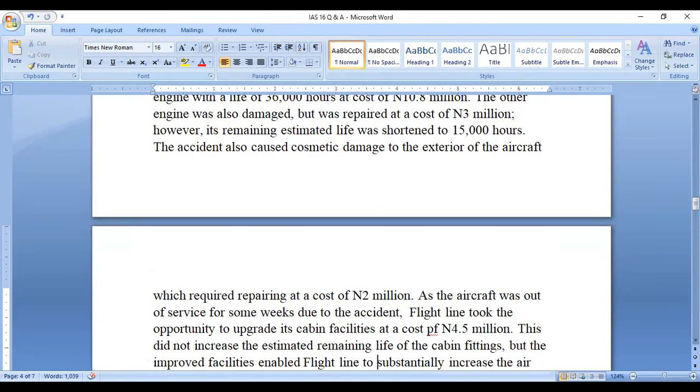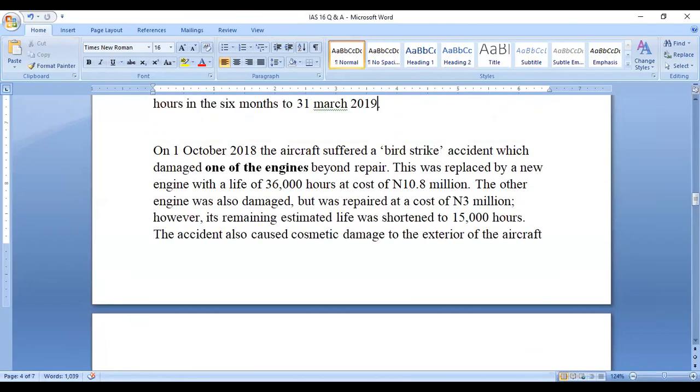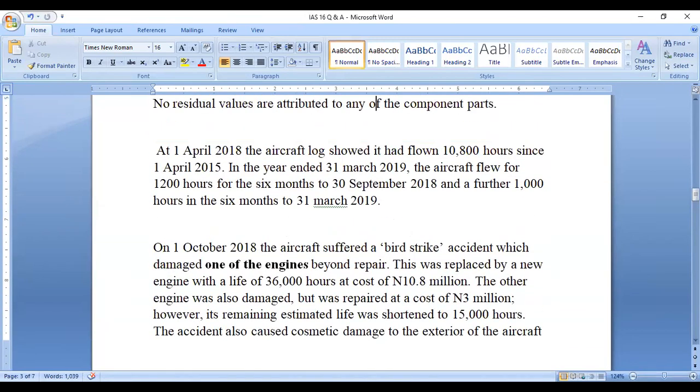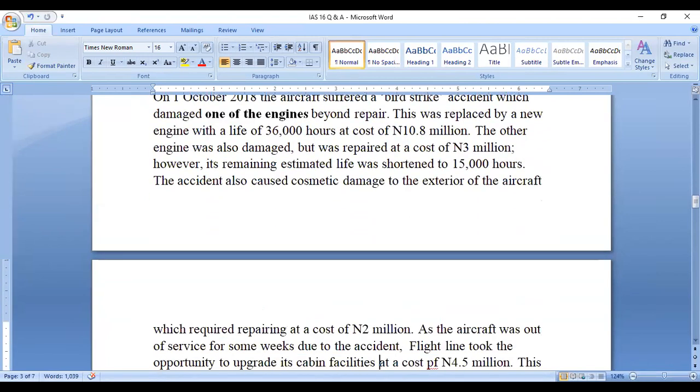The estimated life was reduced to 15,000 hours and not 36,000 hours again. Remember that it has been used for 10,800 hours since 1st April 2015. So we're going to find the depreciation figure when there is a change in useful life.